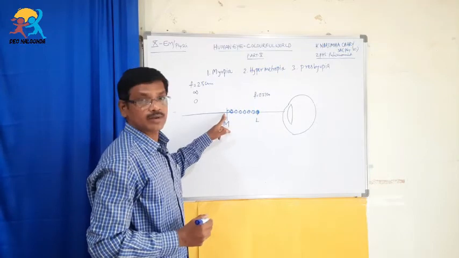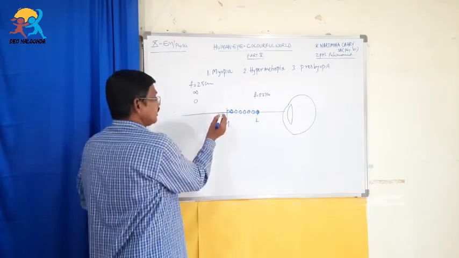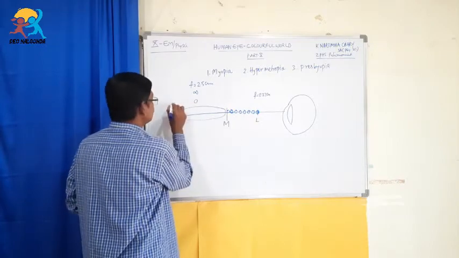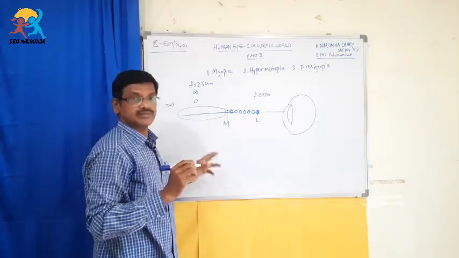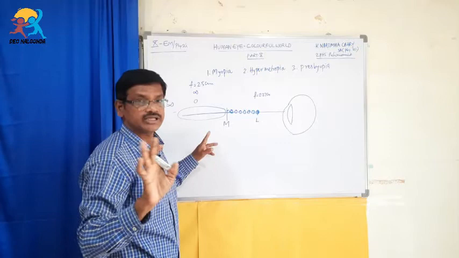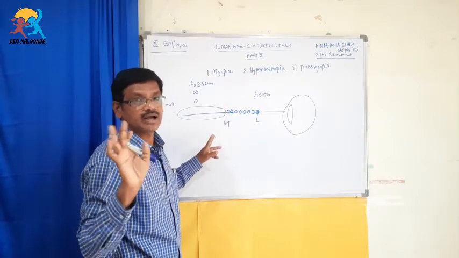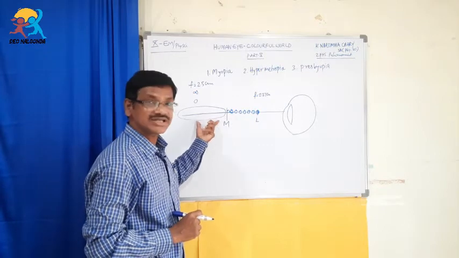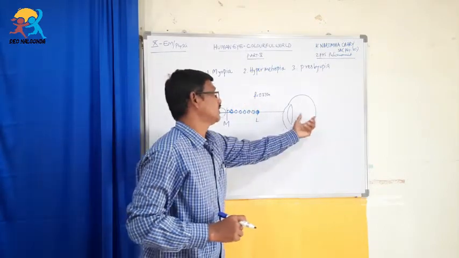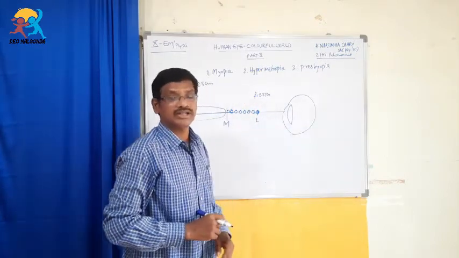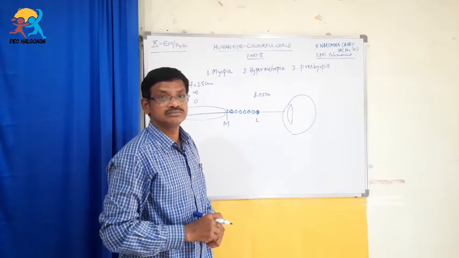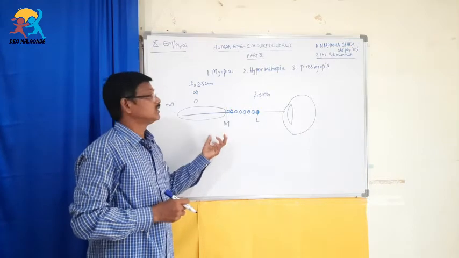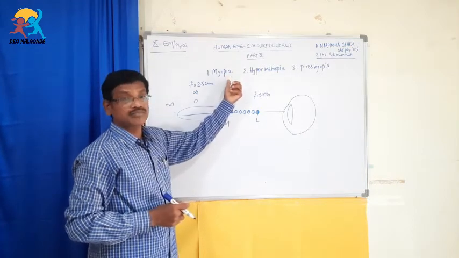After the far point, if object is kept anywhere in the region till to infinity, image of the object cannot be seen by the eye. The image of the object kept in this region is not formed on the retina. This is called the eye defect myopia.